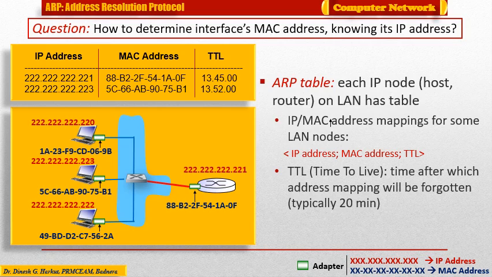This is how ARP, the Address Resolution Protocol, resolves an IP address to a MAC address, and in many ways it is analogous to DNS, which resolves a host name to an IP address, which we have already discussed.